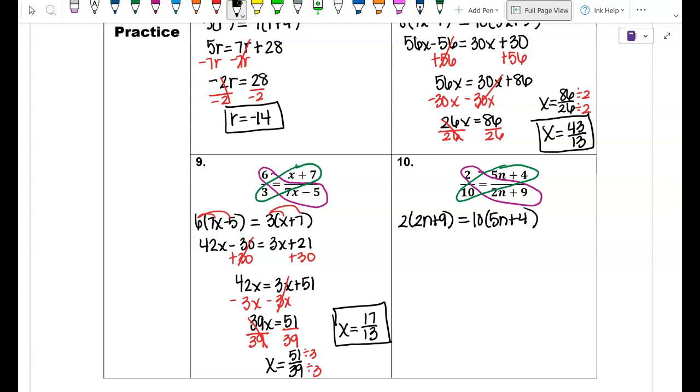Again, quantities on both sides, so I need to distribute on both sides. So I have 4n plus 18 on the left, 50n plus 40 on the right.